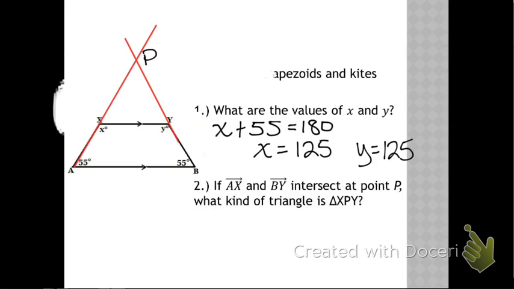But because we have parallel lines, we know that these little angles here are also going to both be 55 degrees. These 55-degree angles are corresponding on those parallel lines. So if we're just looking at triangle XPY, this triangle here, it would also be isosceles because we still have those sides congruent across from the base angles. So it would be an isosceles triangle.